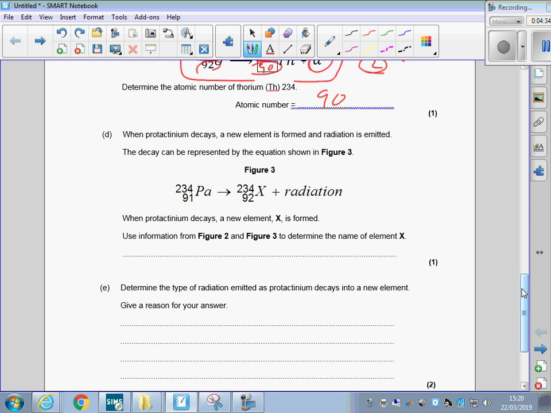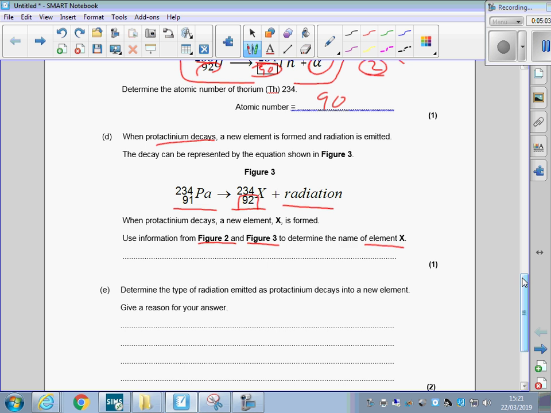Okay, so our protactinium decays, forms a new element, and radiation is emitted. So it's given us some more information. Here's our protactinium, and it's turned into a new substance plus some radiation. So first thing, use the information from figure 2 and figure 3 to determine the name of element X. Well, element X has got 92 protons.